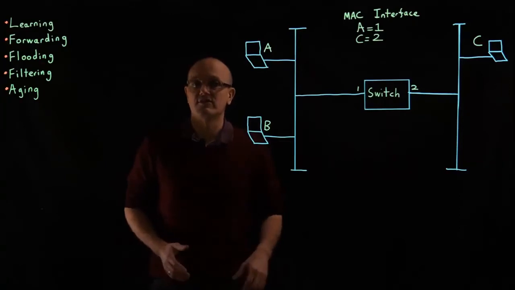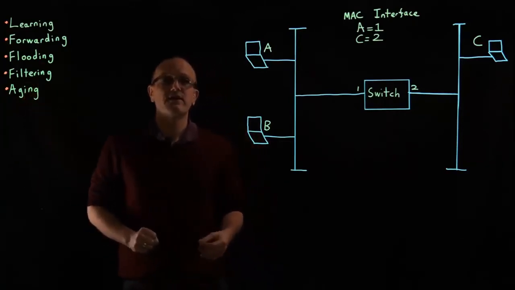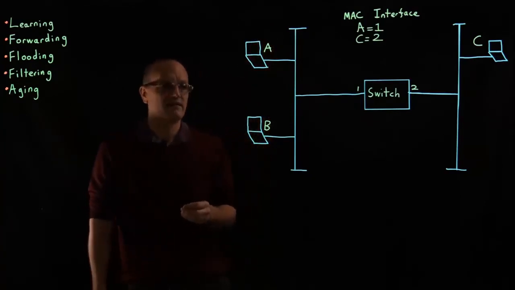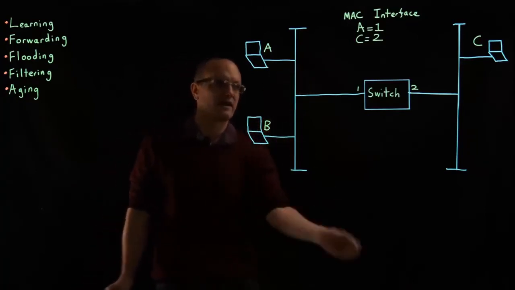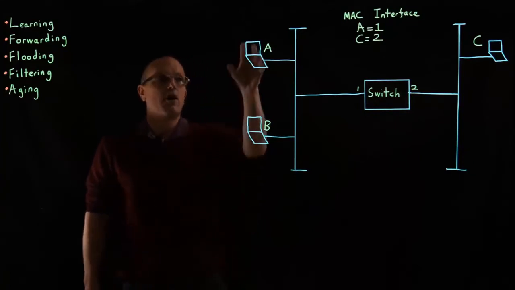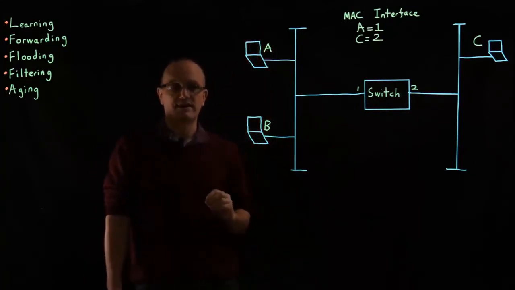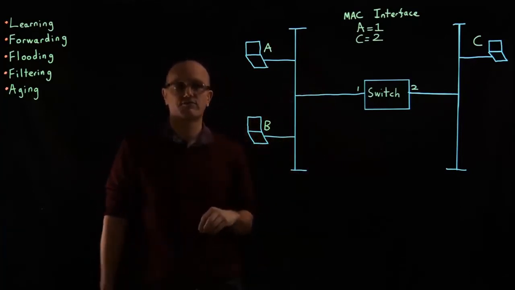The next feature of a learning bridge is filtering. Say host A and host B are interconnected via a dumb hub, and that hub is then interconnected to our intelligent switch. Host A sends traffic to host B, and this hub is flooding that traffic out of all ports.